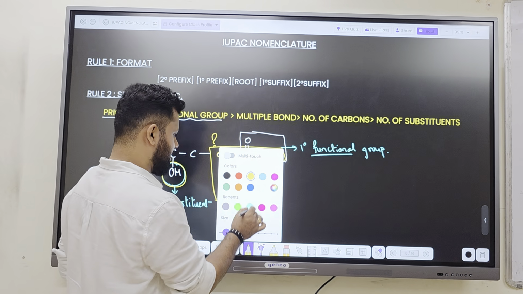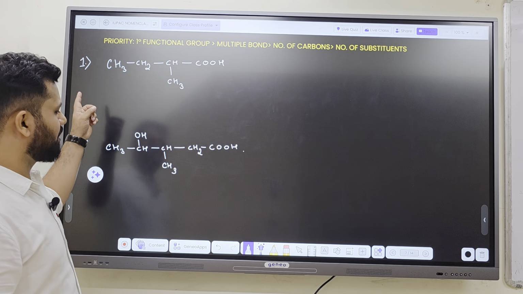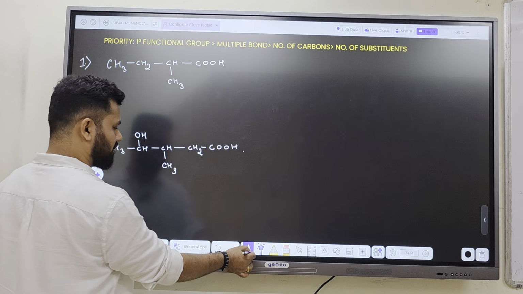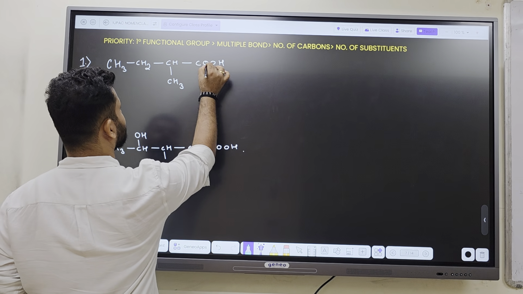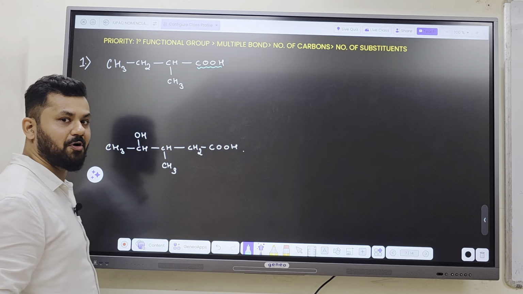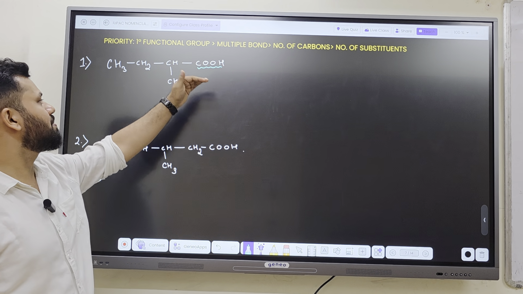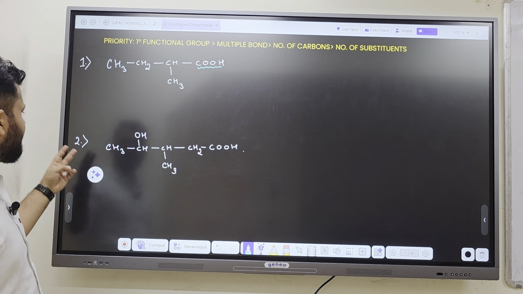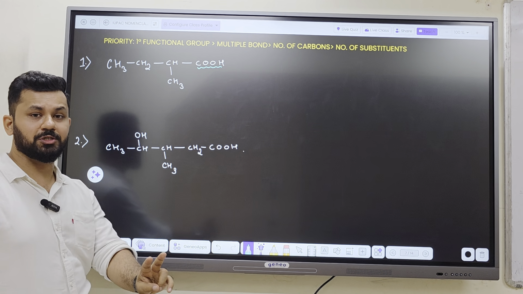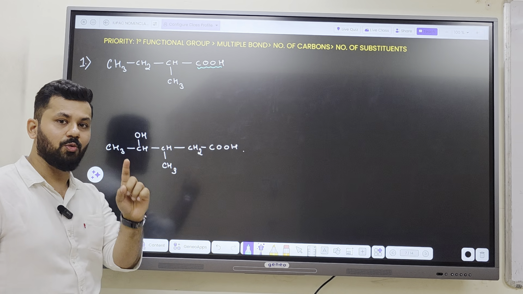Let us move ahead and see some examples. In example 1, there is a functional group. Which one is that, sir? Sir, it is a COOH carboxylic acid. And therefore, we must include carboxylic acid in our PCC. In example 2, I have two functional groups. One is COOH and the other one is OH.